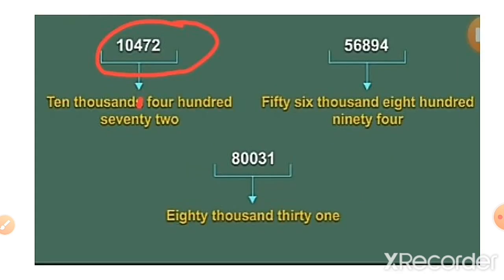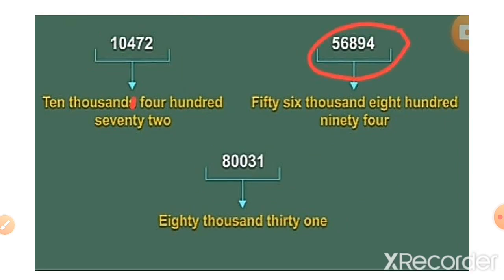Here we are going to see how to read the 5-digit number. Look at the first number, 10472. How will you read this number? 10,472. Look at the next number, 56894.